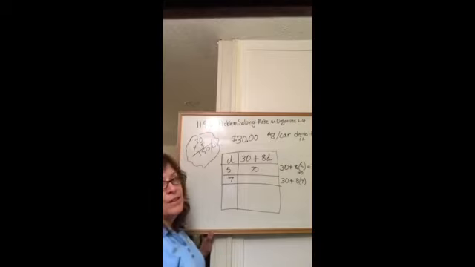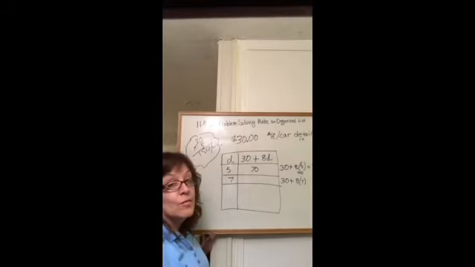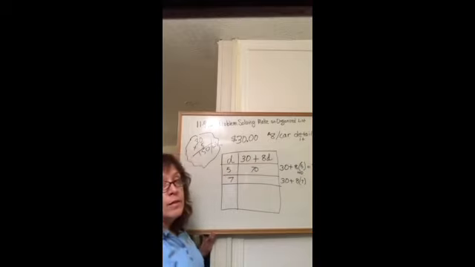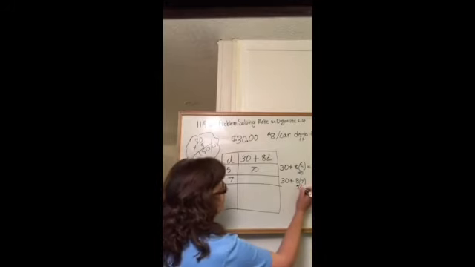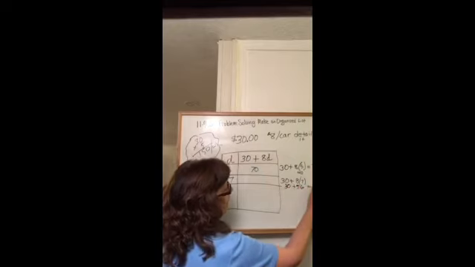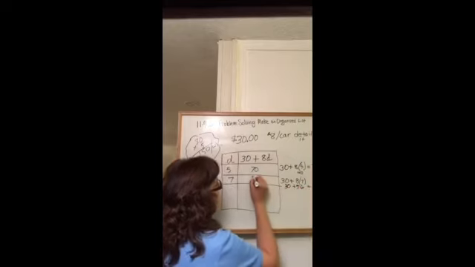I'll let you think. What is it? 48 is 6 times 8. 56 is another 8. So you've got 56, 30 plus 56. What is that? 86. He'll make $86.